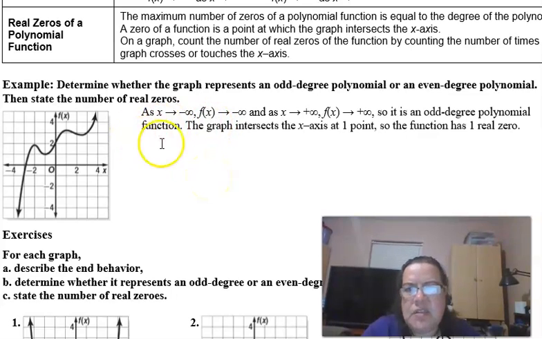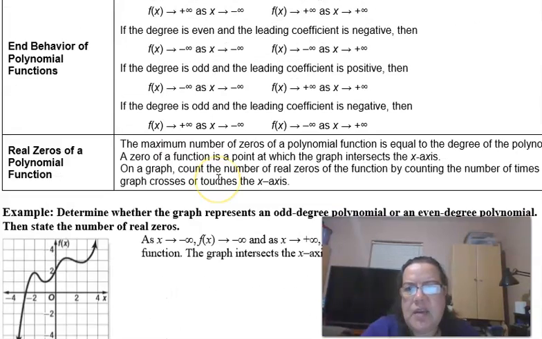The only thing they add here is to look at the degree. If the degree is odd and the leading coefficient is positive, then the function approaches negative infinity as x approaches negative infinity, or the function approaches positive infinity as x approaches positive infinity.